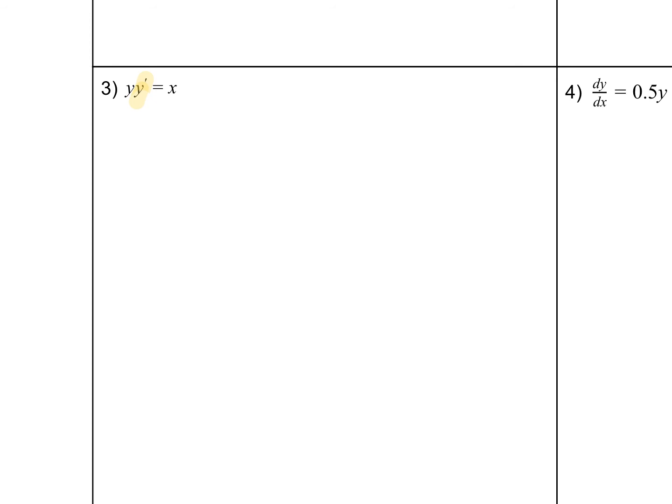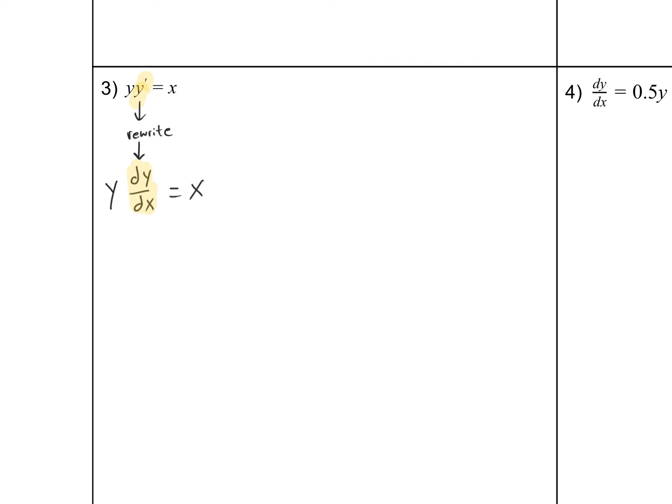The y in front right here is going to stay, but I can rewrite y prime using Leibniz notation, dy over dx. So poof, now we have differentials. So when you see that y prime, you always want to rewrite y prime as dy/dx. It's the same thing, it's just a different symbol, but it allows us to have differentials, the dy and the dx.